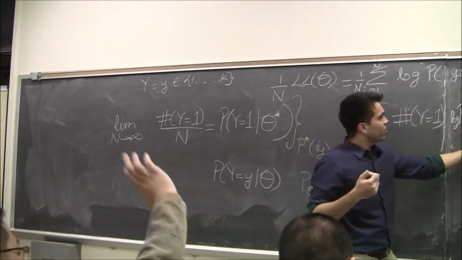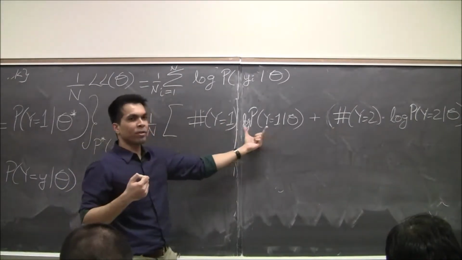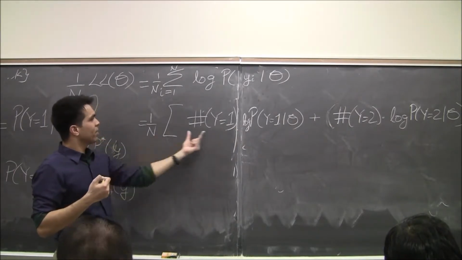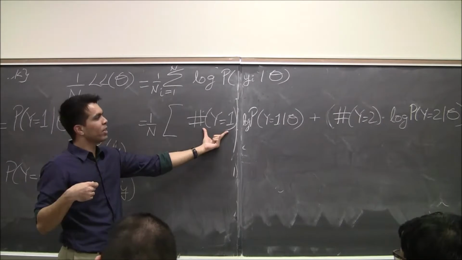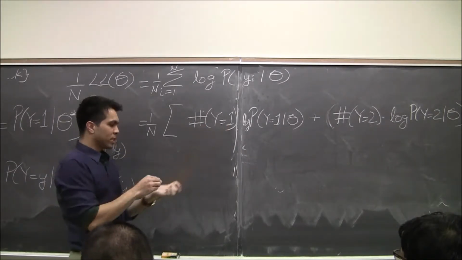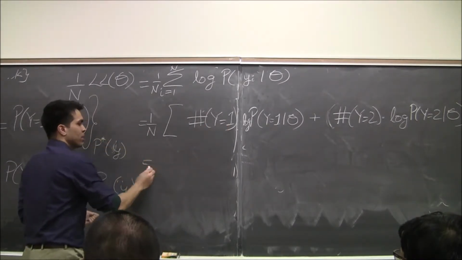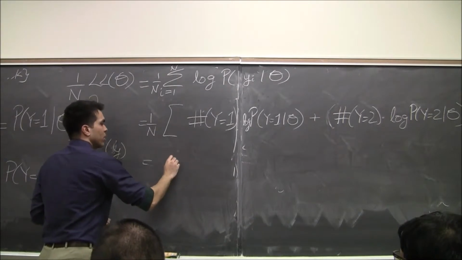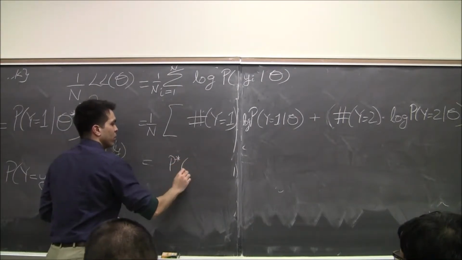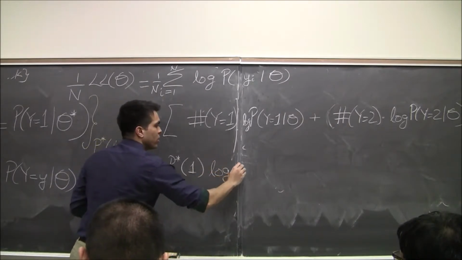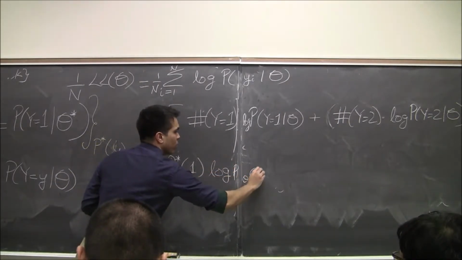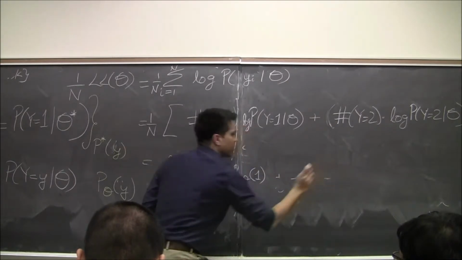And it should be very clear that those terms appear here in the summation. If I take the 1 over n inside and take the limit as n goes to infinity, as we have infinite data, this becomes p star. So this becomes p star of 1 log p theta of 1 plus all the way to k.